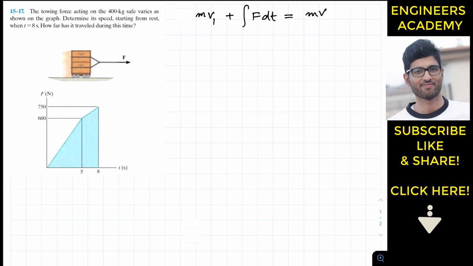Between t equals 0 to 5 seconds the force is linear, but the slope of the line is different from that of the other line, which is from t equals 5 to 8 seconds. So we have to apply the principle of linear momentum equation for t equals 0 to 5 seconds, and then from 5 to 8 seconds.